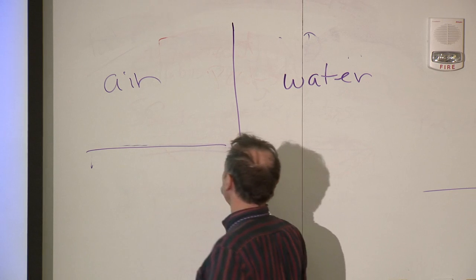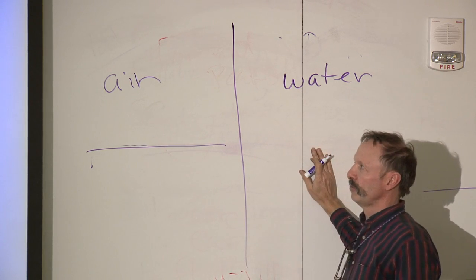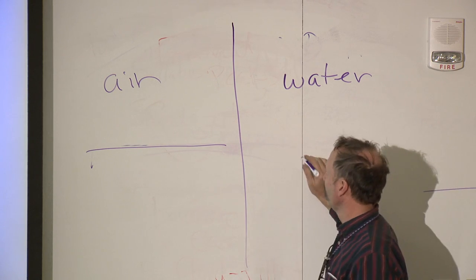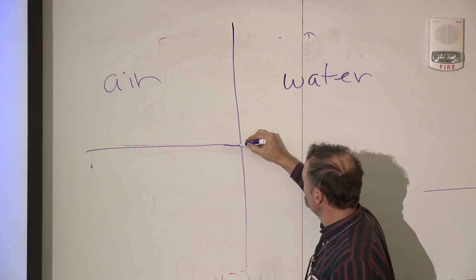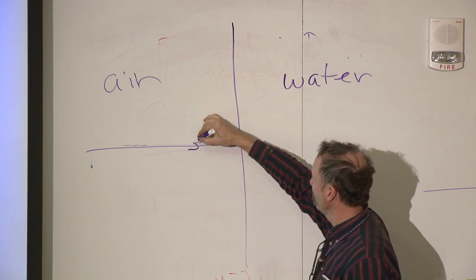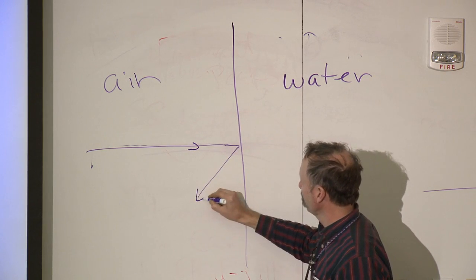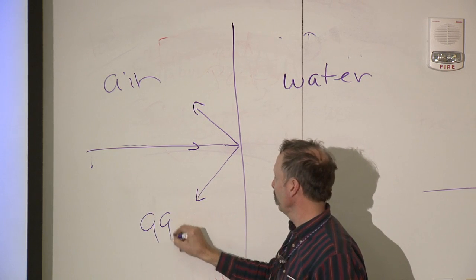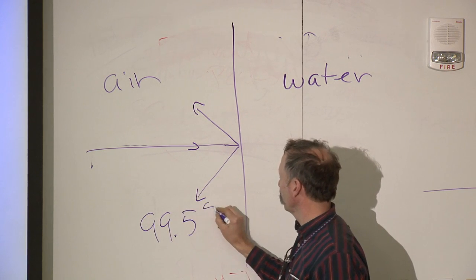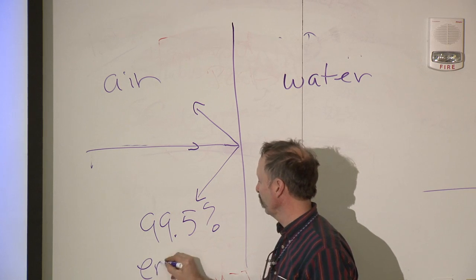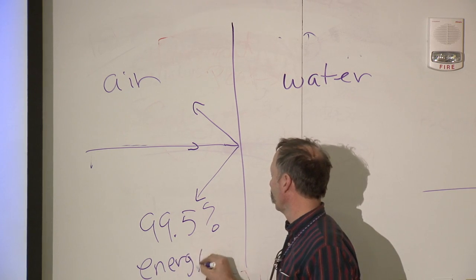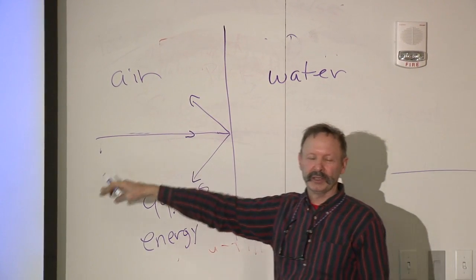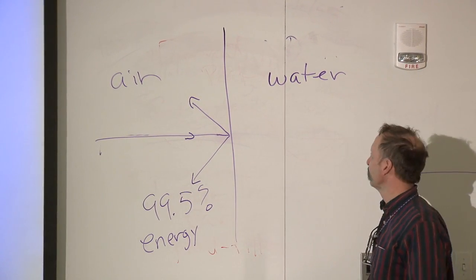Sound's coming in here, and you want to get it into the fluid of the inner ear, which is essentially water. If you don't do anything, most of it bounces back off. In fact, 99.5% of the energy of sound in air at a fluid boundary is reflected back into the air.